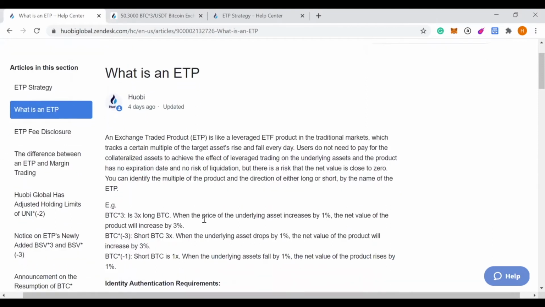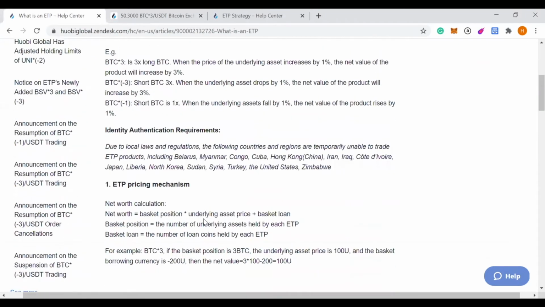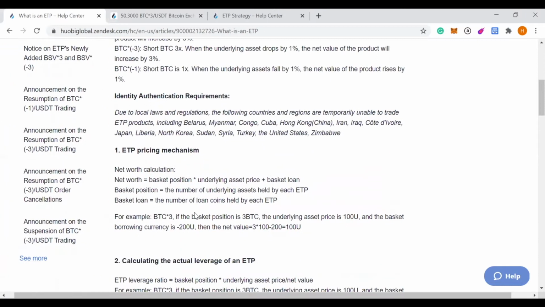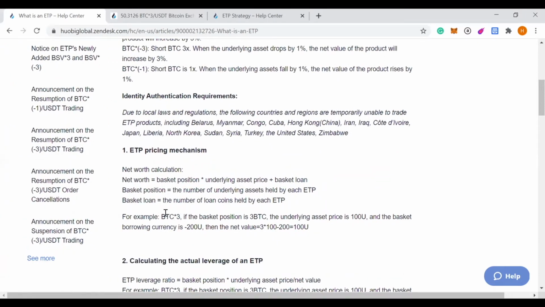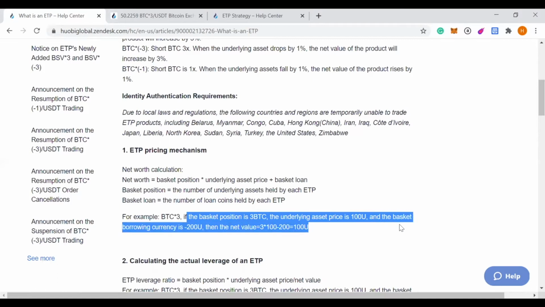So let's go ahead and go down. These are some examples. Let's say you are long BTC and you're very bullish on BTC. You can do BTC times 3, which means you think BTC will go up aggressively. So the position is 3 BTC, the underlying asset value is 100 units, and the borrowed currency is negative 200 units, so that value is 300 minus 200 equals 100 units.